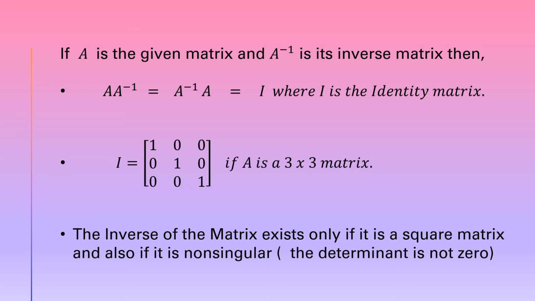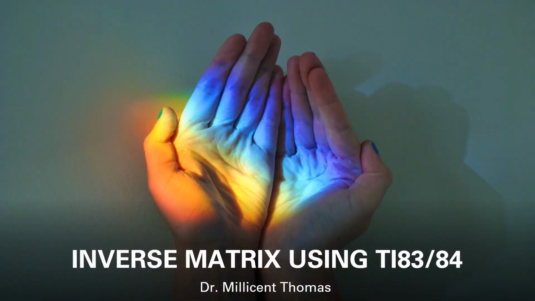Maybe in our next chapter we will learn how to find the determinant of a matrix. So this is another way of checking whether the inverse exists or not. We have to see whether the given matrix is a square matrix, and if the determinant is not 0, then definitely the inverse of the matrix will exist.